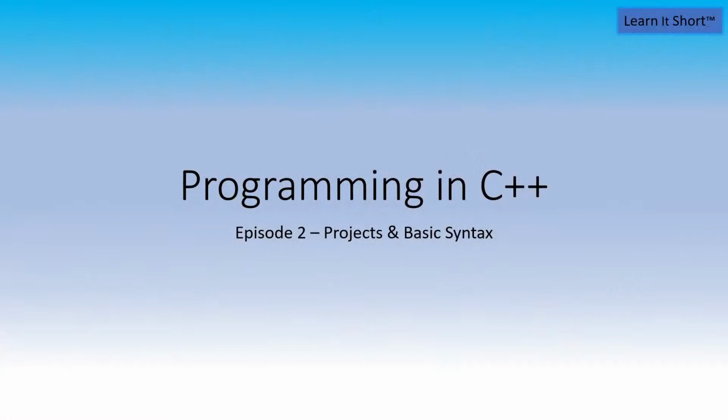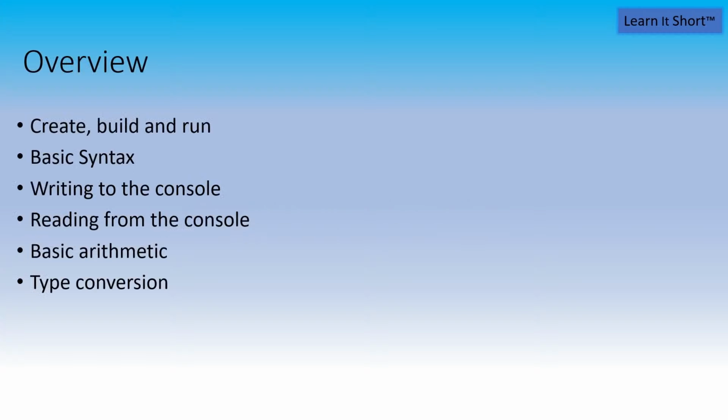Let's jump right in. Today, we're going to be learning a number of different things about programming in C++. I'm going to show you how to create, build, and run your program in Visual Studio Community and also in Visual Studio Code if you have a Linux system. We're going to do a little bit of information about the basic syntax, but not cover all of it.